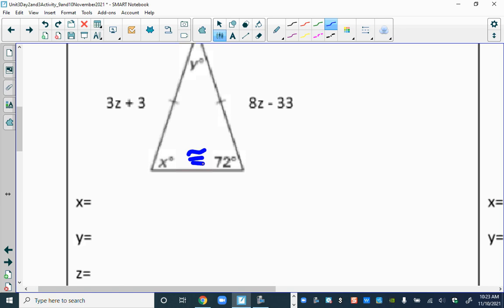So I agree. You were saying the x is 72. That's 100% correct. That's step number one. That's a minimum. So boom, right away, I'm going to give you that. I was wondering if anybody knew why these two angles were congruent. If anybody could tell us why.